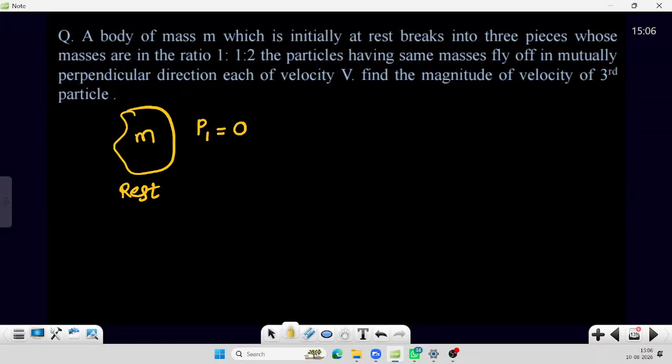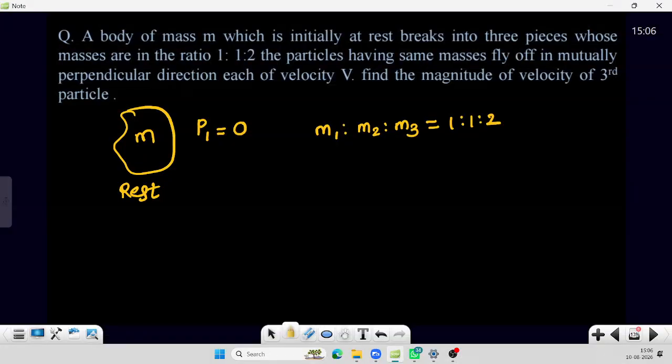And thereafter, what happens here? This body splits into three particles. And how is the ratio of the masses given here? M1 is to M2 is to M3 is given as 1 is to 1 is to 2.